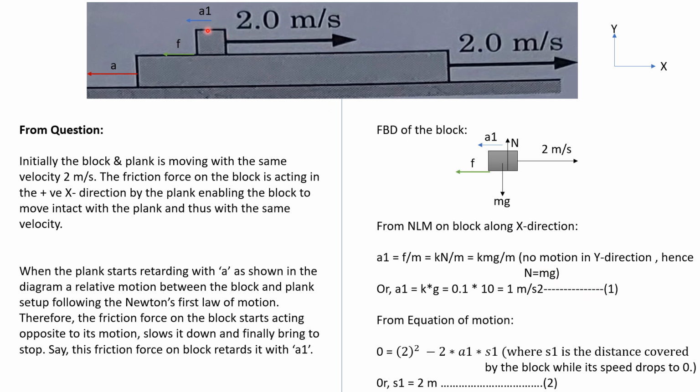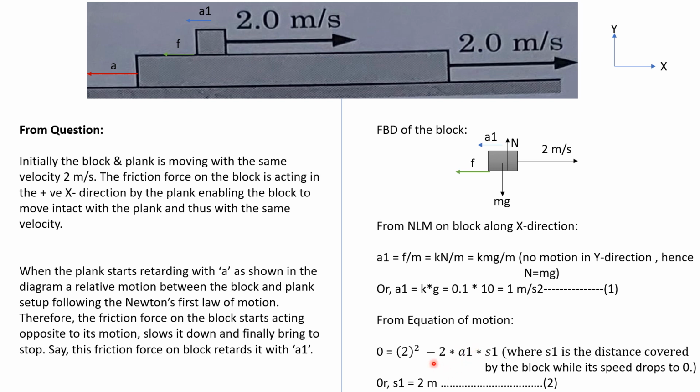Now if we write the equation of motion for the block, with retardation A1, we can write final velocity square is equal to square of the initial velocity minus 2 into A1 into S1.